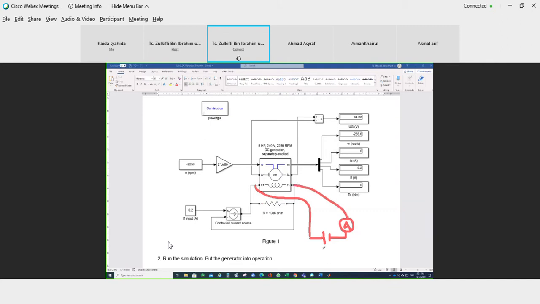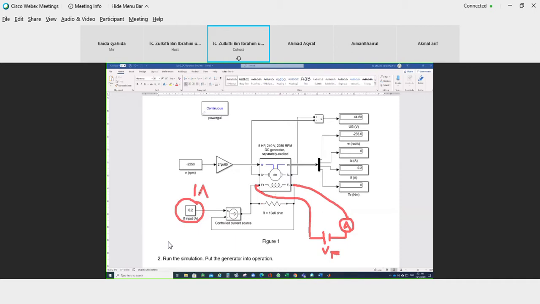So kita akan vary the field voltage to get the desired punya amps to be fed into the field windings. But lagi mudah in the simulation, kita terus masukkan current source. So this is the input current. So dia punya rated dia 1 ampere.